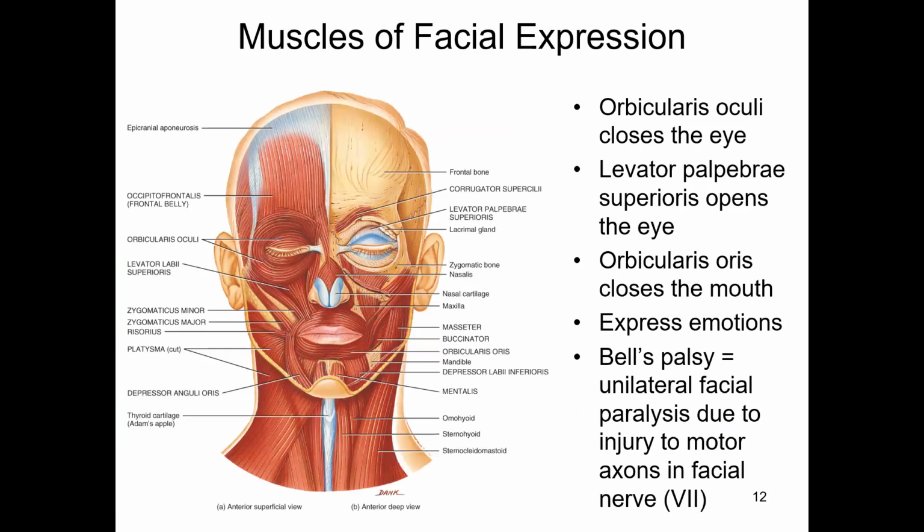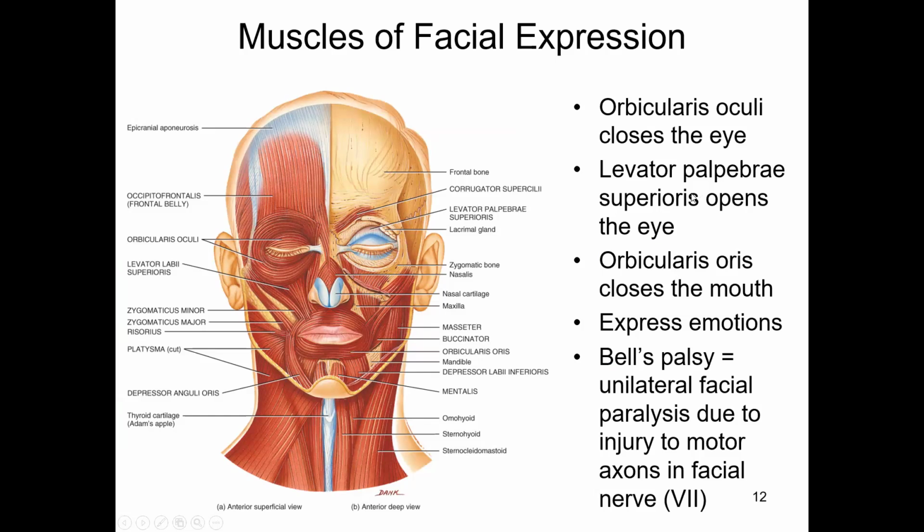And what we have on the next few slides is a tour of muscles that we only partially or do not cover whatsoever in the lab. So we look at several muscles of facial expression, like orbicularis oculi, orbicularis oris.